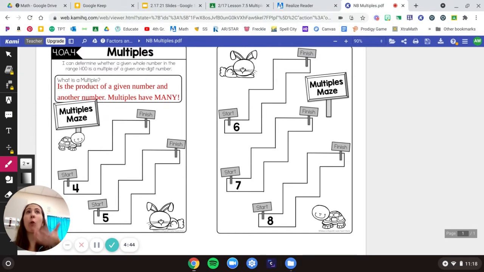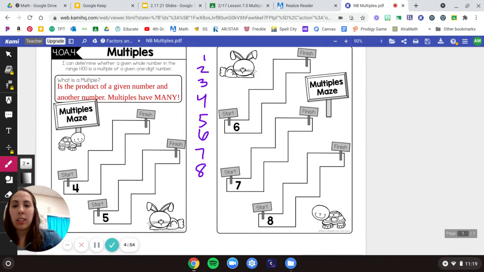Remember that line we did yesterday where we wrote 1, 2, 3, 4, 5, 6, 7, 8, 9, 10, 11, and 12. Where did we start yesterday? We always started back at 1, right? Whenever we were trying to figure out our factors. Same thing with multiples. We're going to start multiplying our number that they give us by 1.